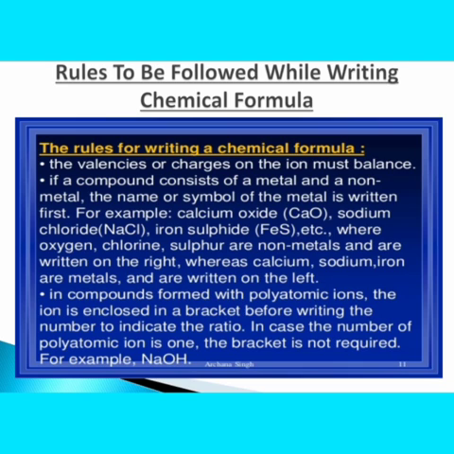For example, NaOH. No need of writing a bracket for this, it has only one polyatomic ion. So these are the rules to keep in mind when you are writing a chemical formula.